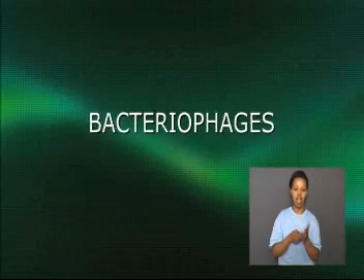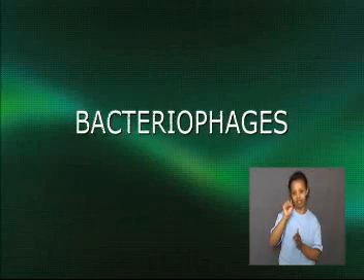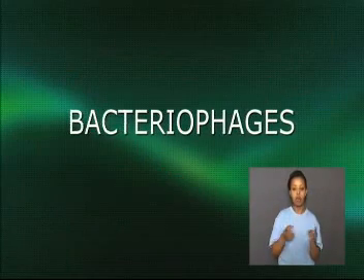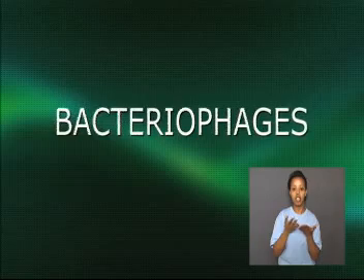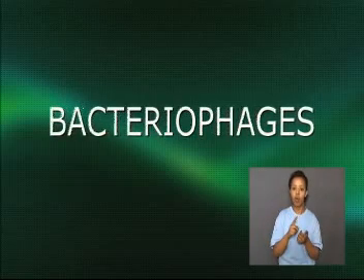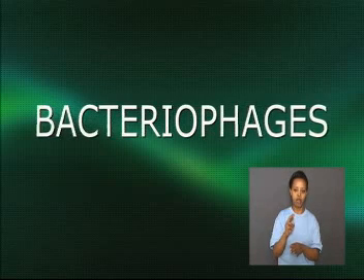Before we discuss how viruses multiply, we must begin by learning about bacteriophages. Most of the knowledge that has been acquired about virus multiplication has been done so through the work on bacteriophages, or phages.